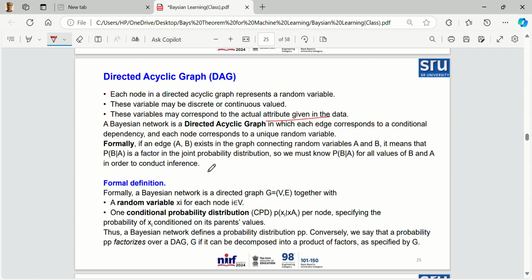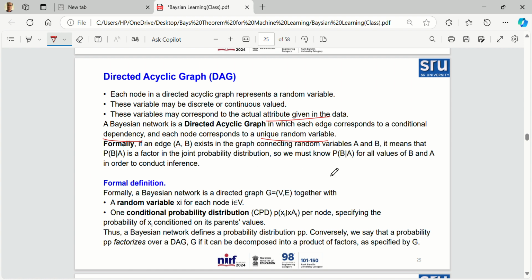A Bayesian network is a directed acyclic graph in which each edge corresponds to a conditional dependency. So the edge shows that there is a dependence, and each node corresponds to a unique random variable. Formally, if an edge AB exists in the graph connecting random variables A and B, it means the probability of B given A; the edge is from A to B. In effect, the edge is a factor in the joint probability distribution.